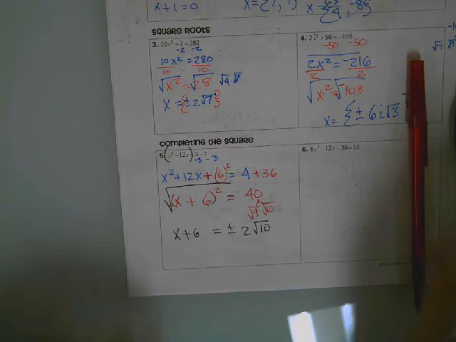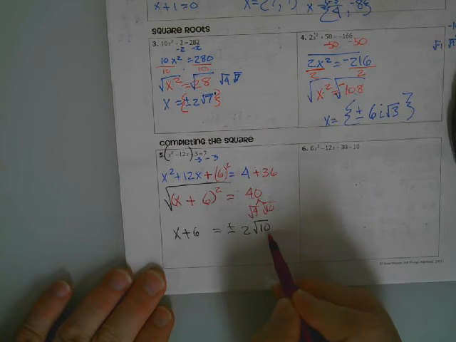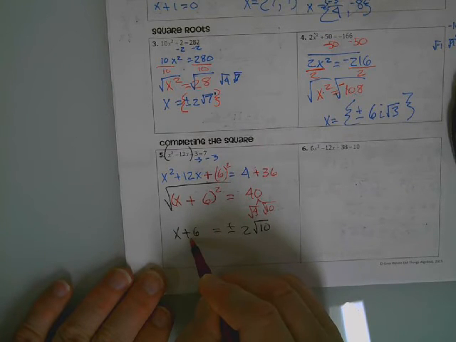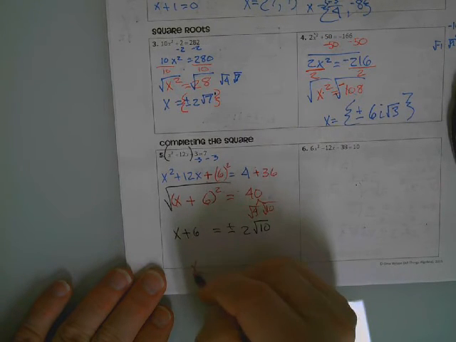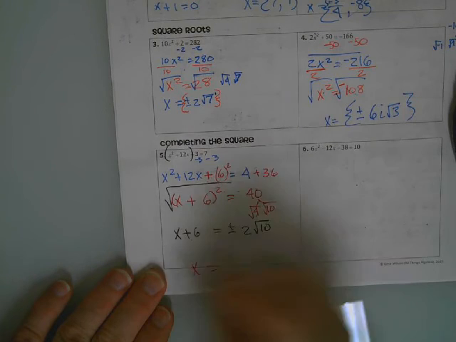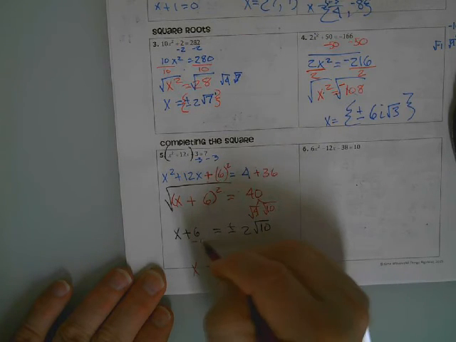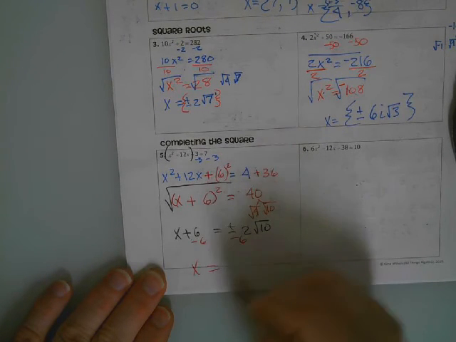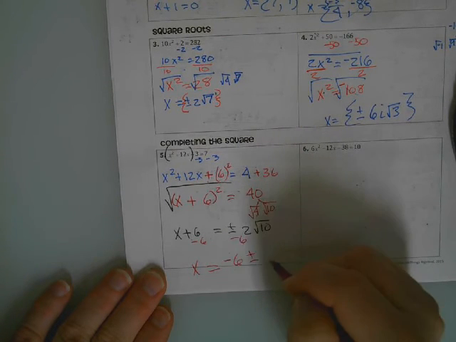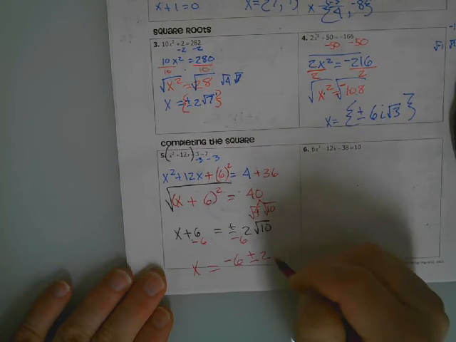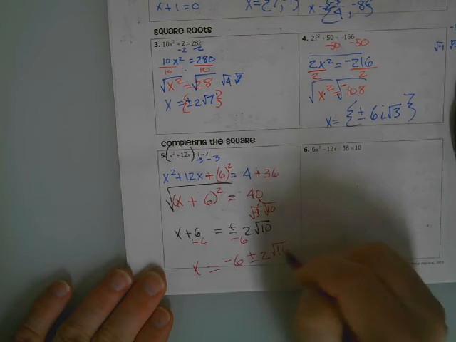So we can't simplify that term anymore, but we can move this 6, right? Because we want x equals, not x plus 6 equals. So we subtract 6. So our answer is negative 6 plus or minus 2 radical 10.